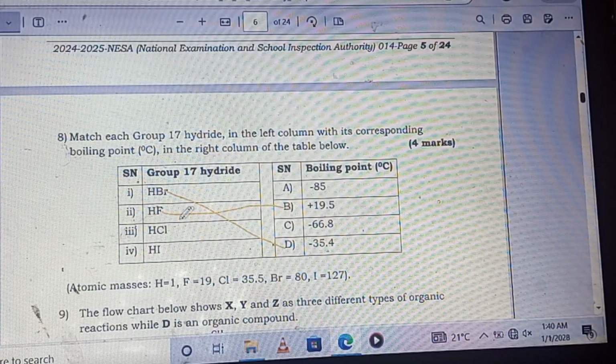Hydrogen chloride matches A, meaning it has a boiling point of negative 89. And hydrogen iodide matches C, meaning it has a boiling point of negative 66.8. Hydrogen fluoride has a higher boiling point because it has strong hydrogen bonding.